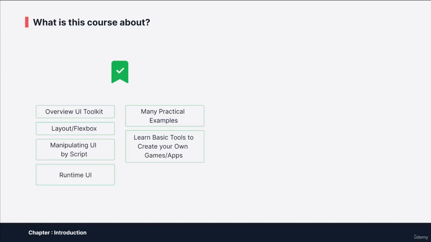But the idea is that after this course, for let's say 9 of 10 cases that you might be confronted with in real apps and in real games, the problems that you might face, in 9 of 10 of those cases you will have a good idea where to look, what component of UI toolkit you have to touch in order to solve your problem, and how to find further solutions that we didn't touch.